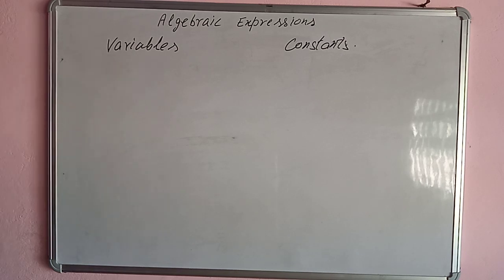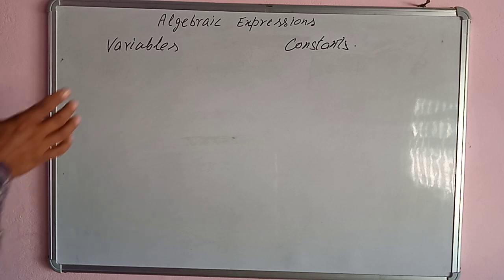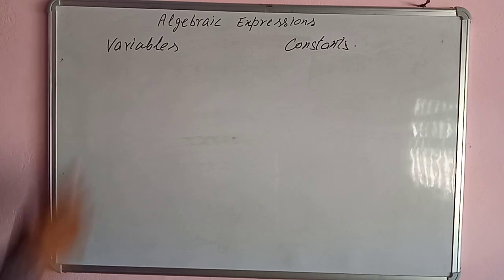Vary means not having a fixed value. Suppose we take the temperature of the day. Does it remain the same all day? No. In the morning it is different, in the afternoon it is different, in the evening it is also different. So the temperature in a day is an example of a variable.